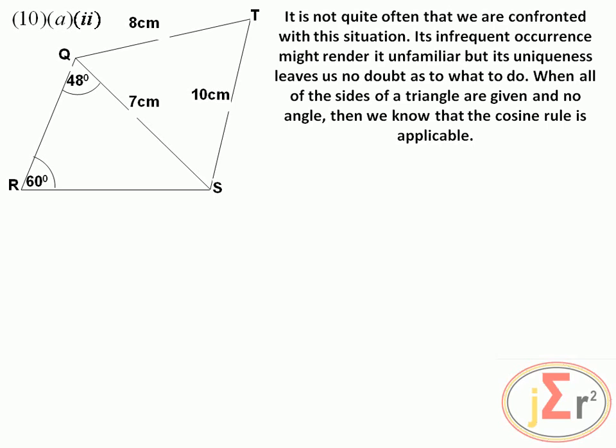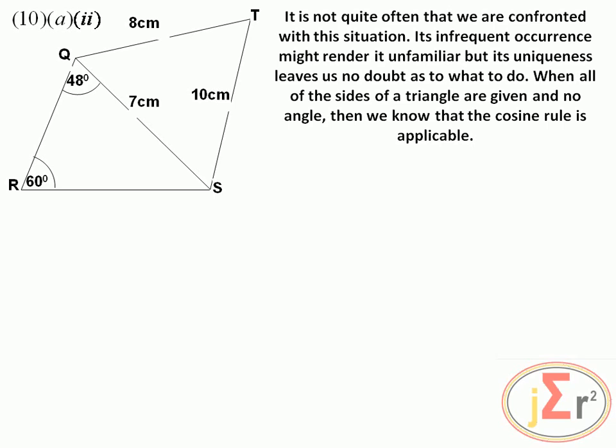So we are sure that immediately it is the cosine rule that we need to use in finding the angle that is located at T. Throughout the years, if you follow the CSEC examination, you may find cases in which you can apply the cosine rule, as we are applying it here. And some students prefer to use the cosine rule over the sine rule at any rate.